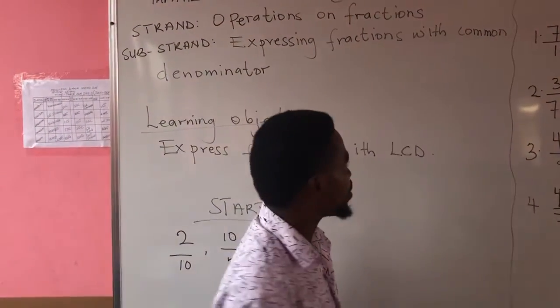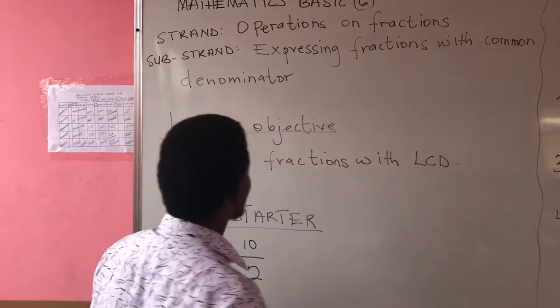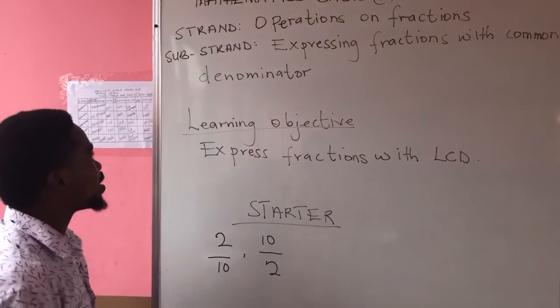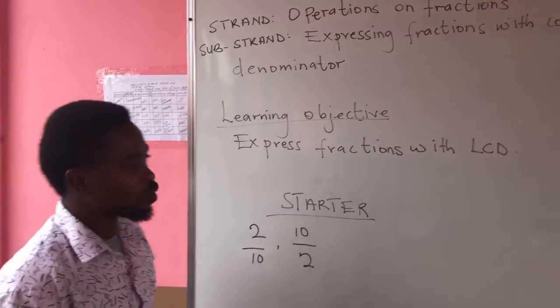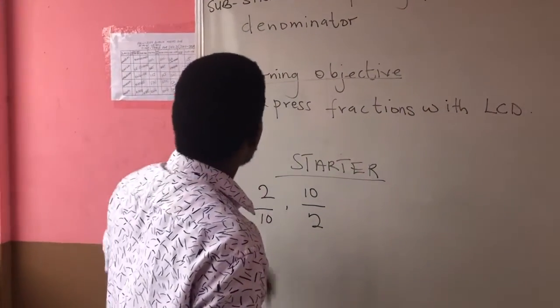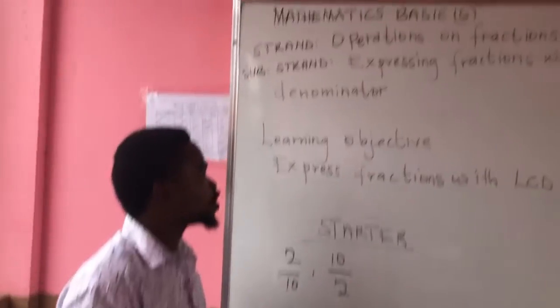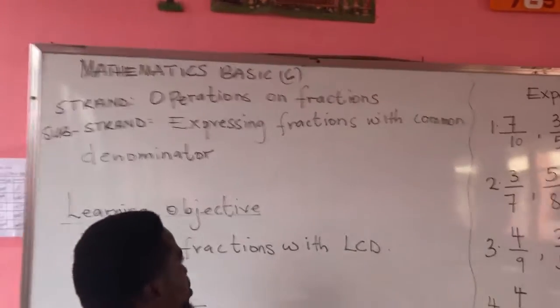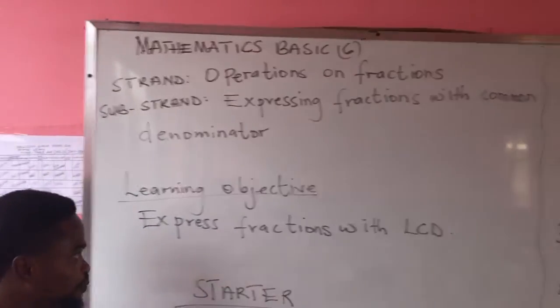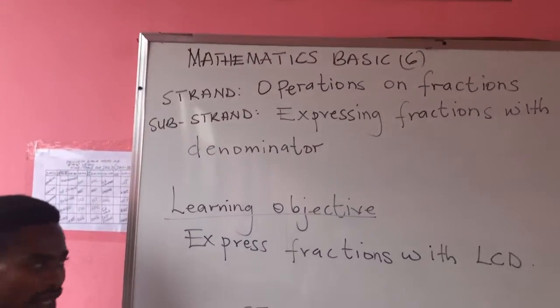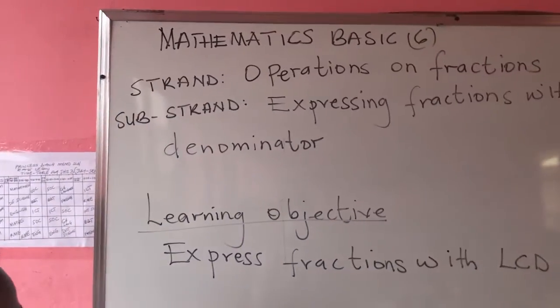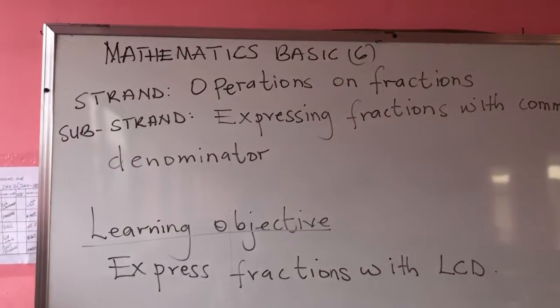Right, today we have mathematics for Basic 6 and our strand is operations on fractions and our substrand is expressing fractions with a common denominator. Before then, let us look at our learning objective for the day.